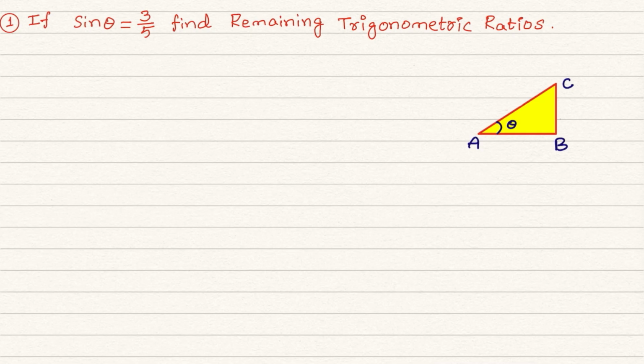Let's see this problem based on trigonometric ratios. In this problem it is given sin theta is equal to 3 by 5. We have to find all the other remaining trigonometric ratios. So here, first we write the given information. Given: sin theta is equal to 3 by 5.